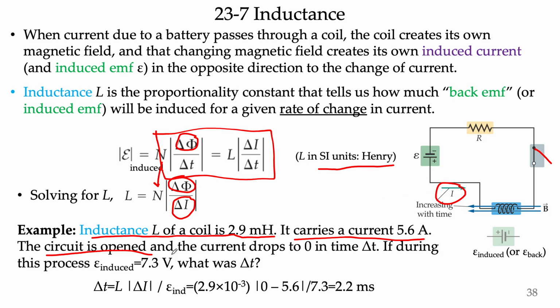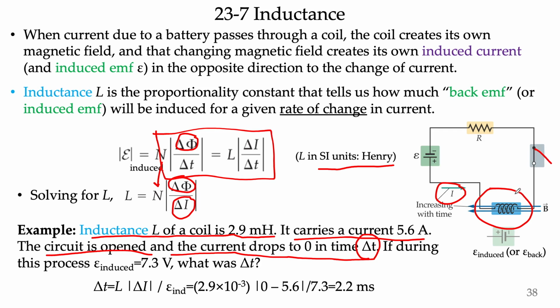When you open the circuit, the current decreases to 0, and the current drops to 0 in time delta t. It takes some time for the current to drop to 0 because we have this coil here. The coil makes it go slow. If there was no coil and you open the circuit, the current would drop immediately.